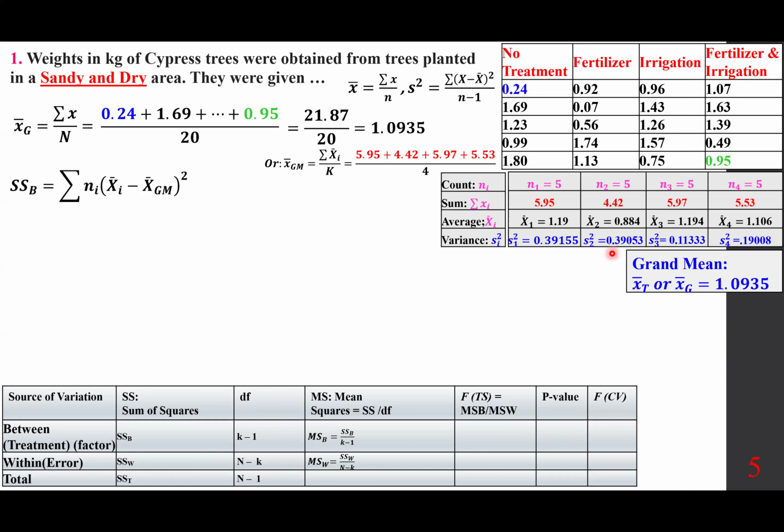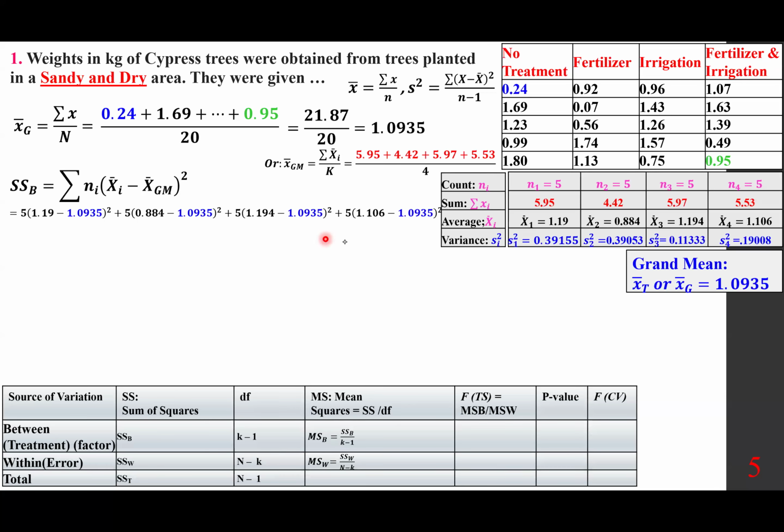Plus, we do the same thing here. For example, for this one would be plus 5 times (0.884 minus 1.0935) quantity squared and all the way to the end.